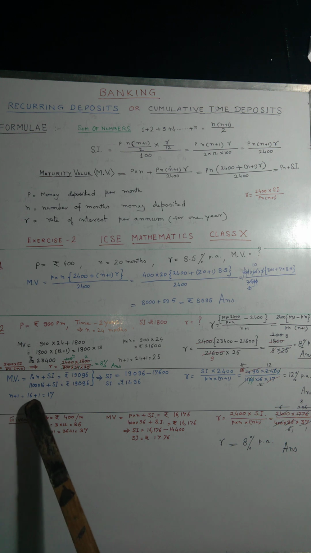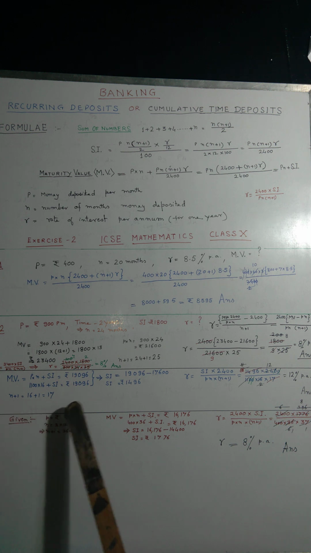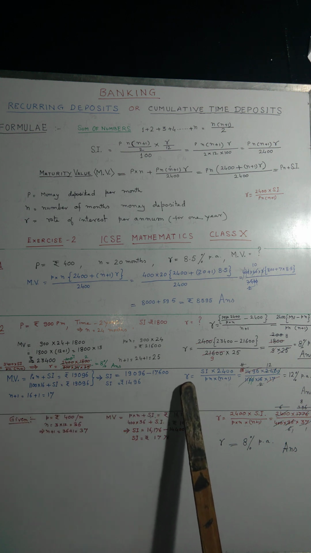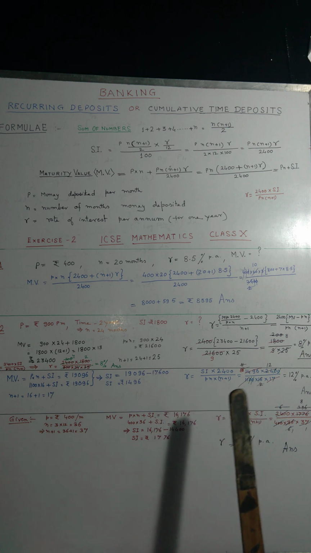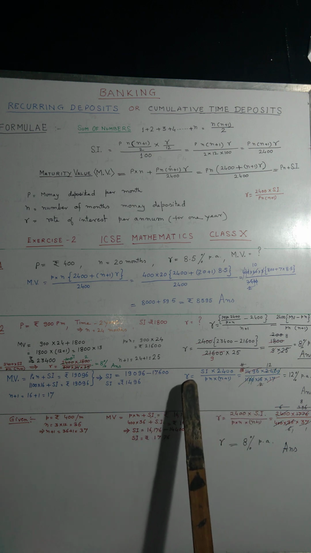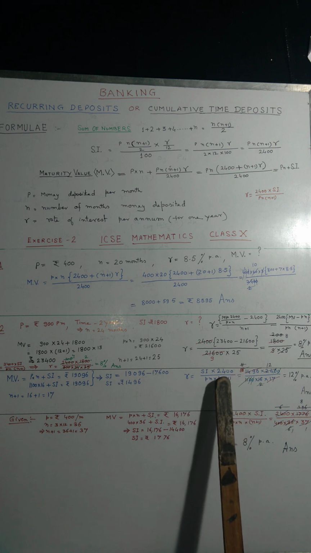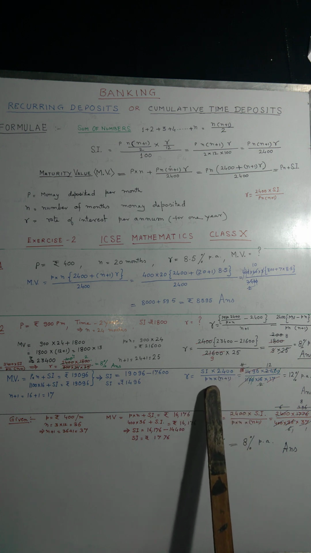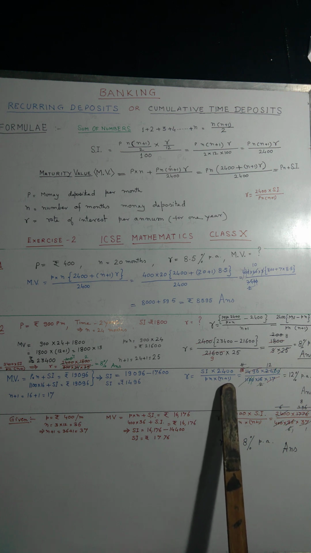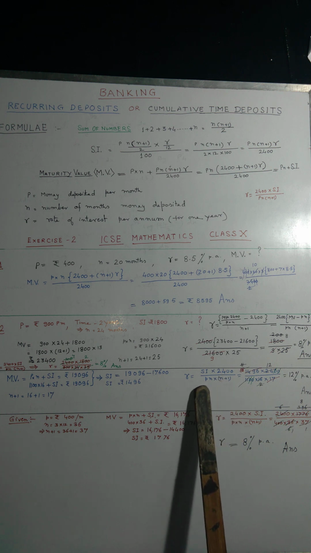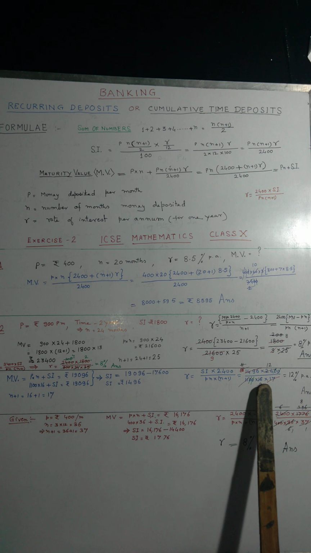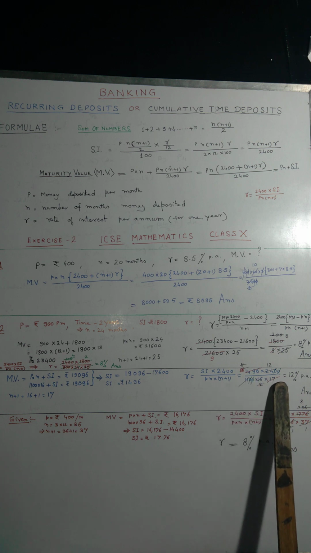Now n plus 1, that is 16 plus 1, is equal to 17. Now substitute the values. R will be equal to SI into 2,400 whole divided by P into n(n plus 1). Now substitute the value of P, that is 1100, n, that is 16, and n plus 1, that is 17.